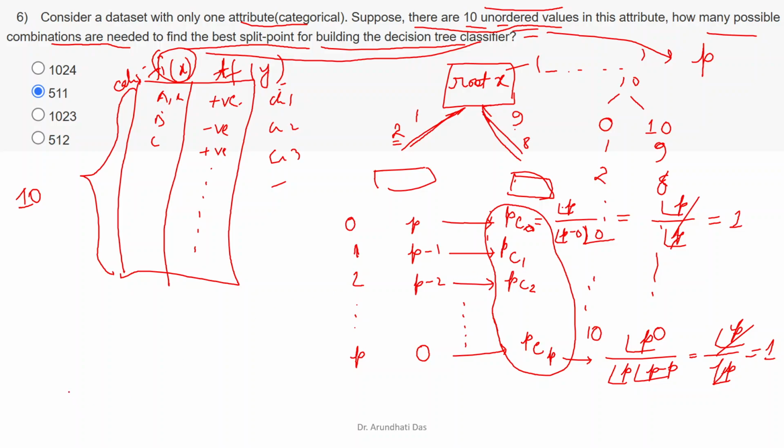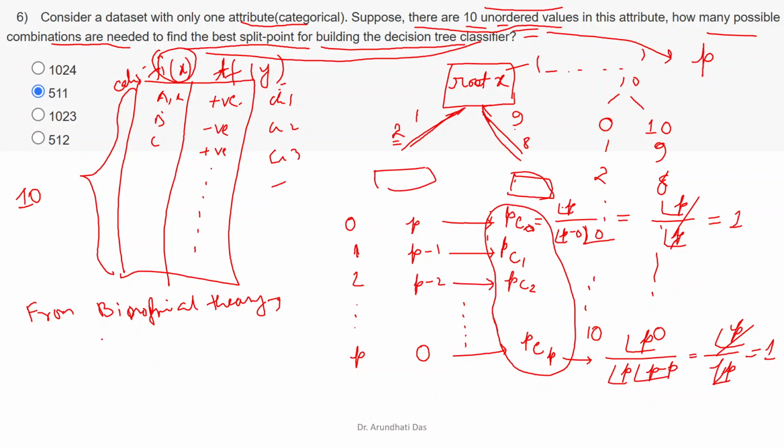Now from binomial theory, what is the summation?